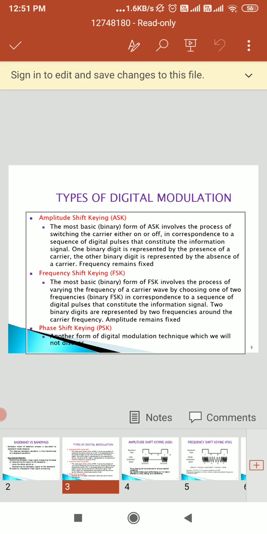So the binary data is represented by the presence of the carrier, and the other binary digit is represented by the absence of the carrier. But here the frequency remains constant. Then we will talk about frequency shift keying, but firstly let us see the diagram for the ASK.